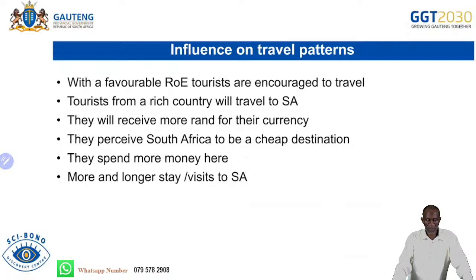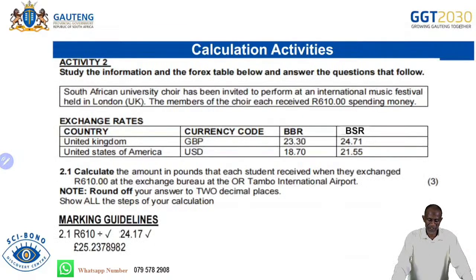Tourists from a rich country will travel to South Africa if the rand is weaker. They will receive more rand for their currency. They will perceive South Africa to be a cheap destination. They spend more money here, have longer stays, and they will always want to visit South Africa.